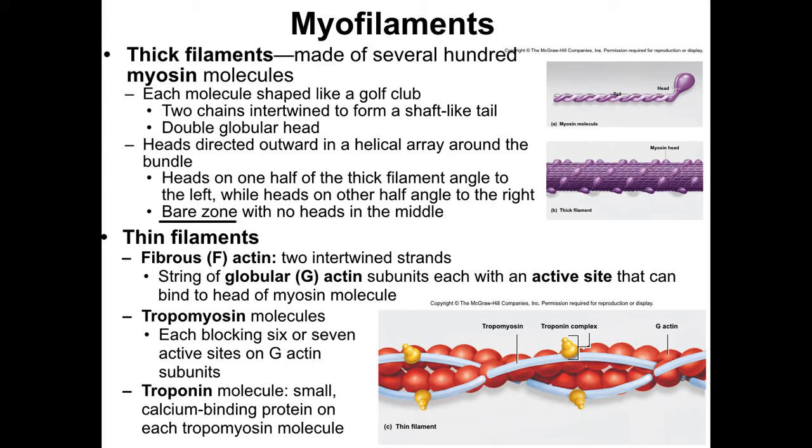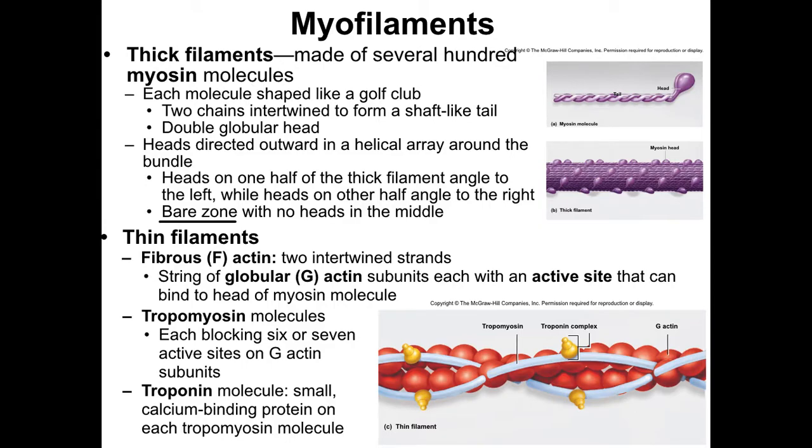When myosin is prompted to work, it's going to grab hold of the actin at the handholds at the active site, and pull it in, and then reach down and grab the next handhold, and pull that in, and then reach down and grab the next handhold, and pull that in. So the myosin has to be able to grab these active sites, these handholds on actin, in order to pull it.